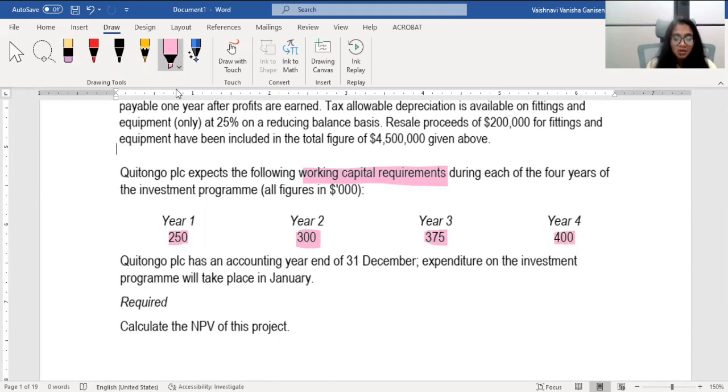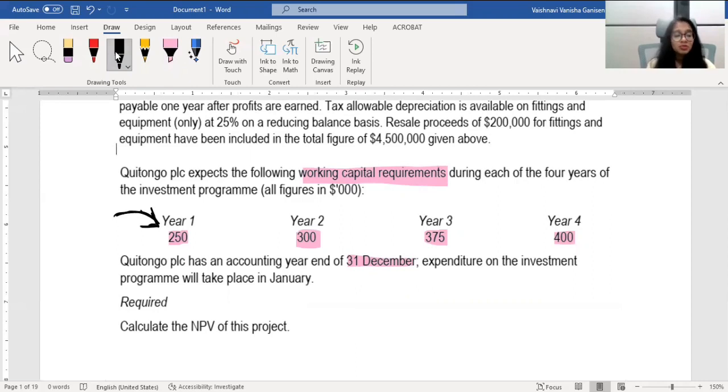All right. Now, Kwitongo PLC has an accounting year end of 31st December. Expenditure on the investment program will take place in January. Okay, so guys, I want you to remember when the examiner says he requires the investment in year 1, that means he requires the working capital in year 1.